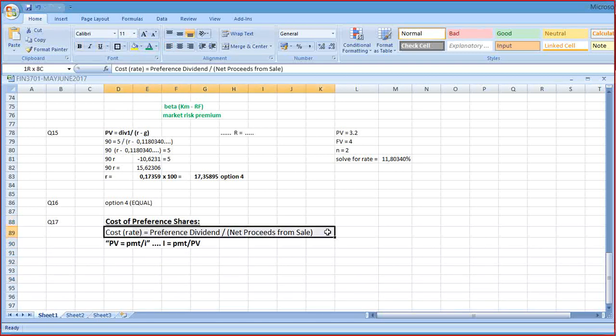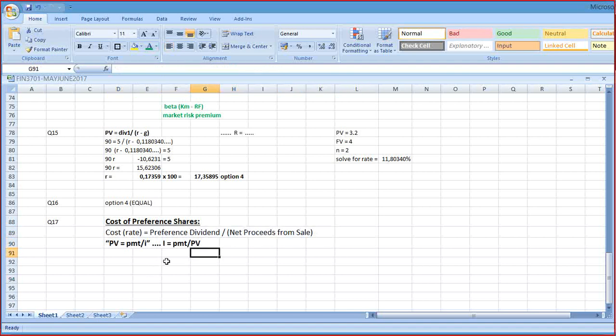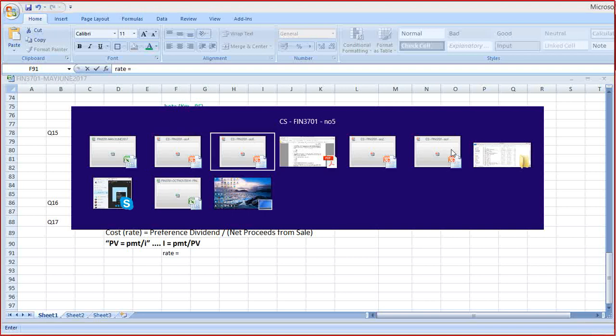Okay, so one of the notes gives you this. It's in the textbook as well. You can refer to it as well. It's up to you, but this is what they use to calculate it. So the rate equals the payment over the PV. So rate equals, how much am I paying? Let's go back to the question.